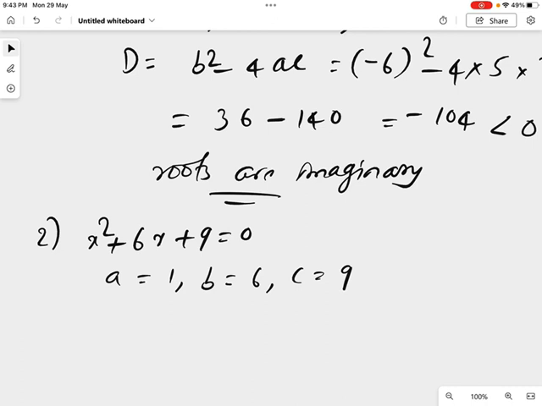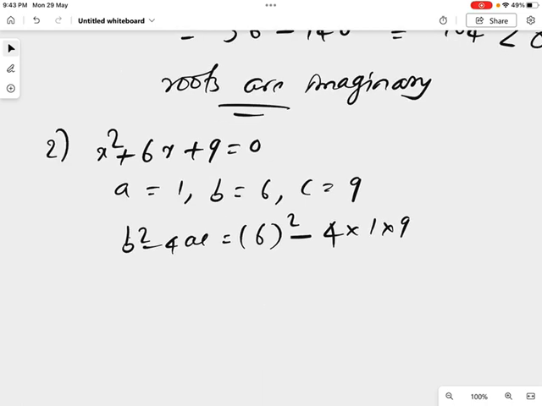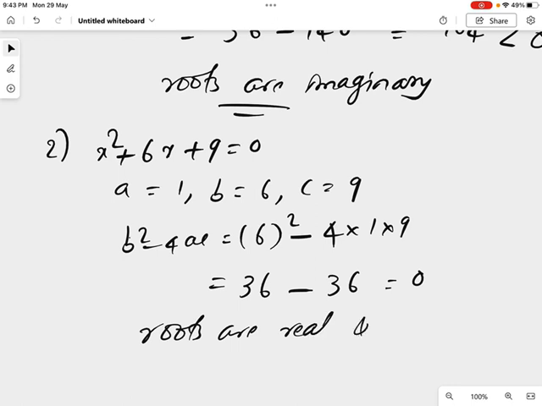Then b square minus 4ac is equal to 6 whole square minus 4 into 1 into 9, which is equal to 36 minus 36, that is equal to 0. Then b square minus 4ac is equal to 0 means the roots are real and equal.